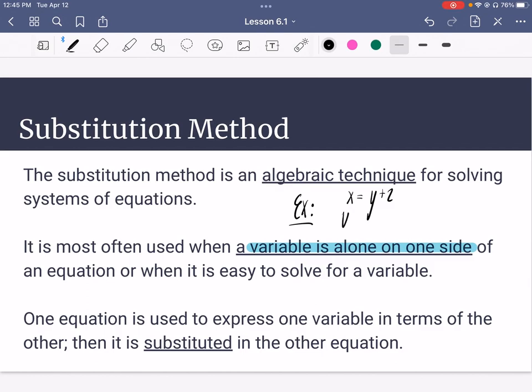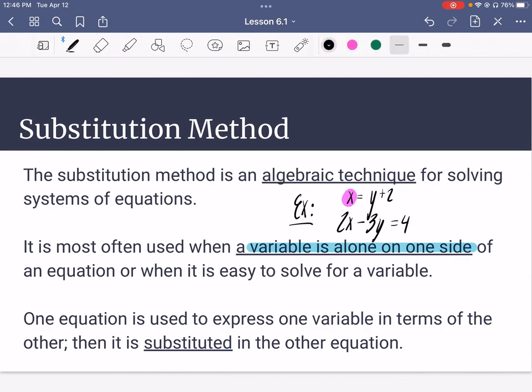For instance, if you have x equals some value, let's say y plus 2, and then maybe you have 2x minus 3y equals 4.